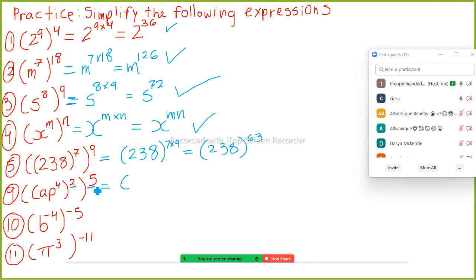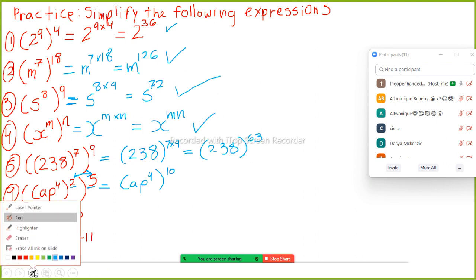So it's AP to the 4th power to the power of 10. Excellent. Good, because the ones on the outside are your true exponents, your 2 and your 5. You multiply them.